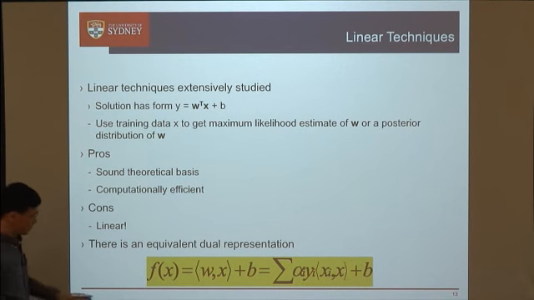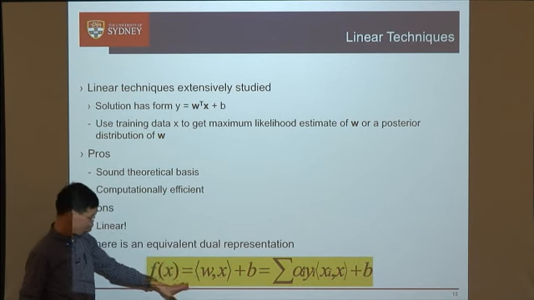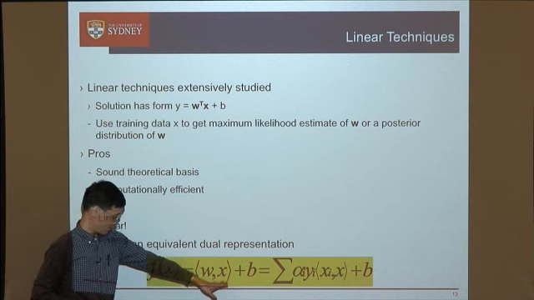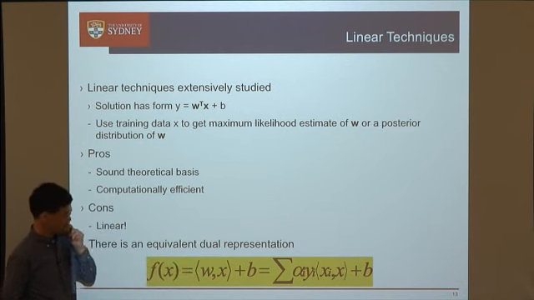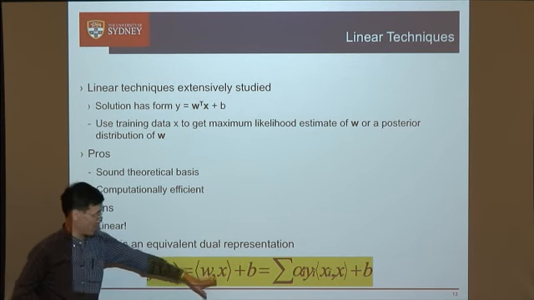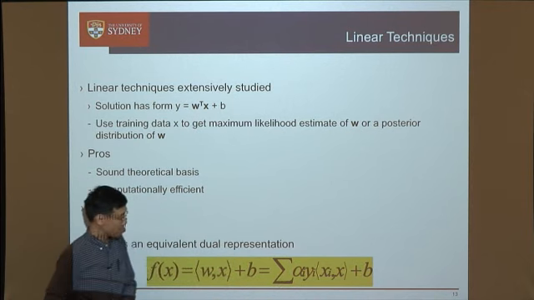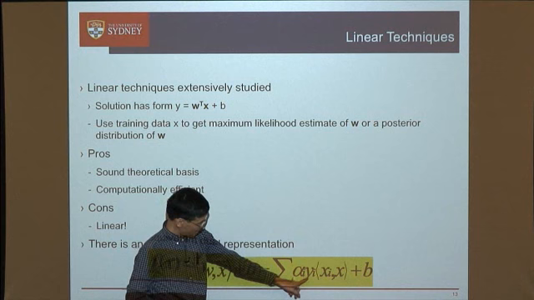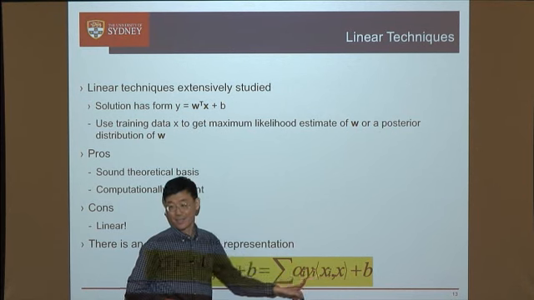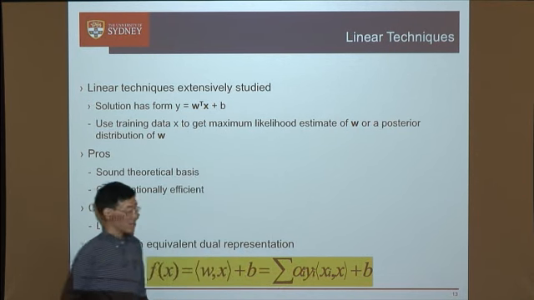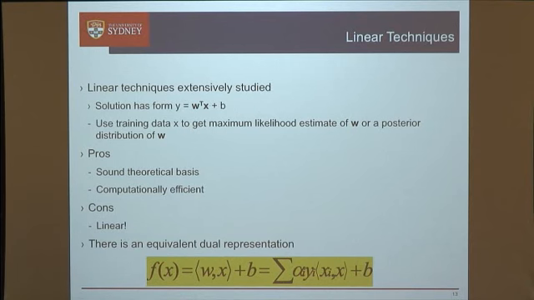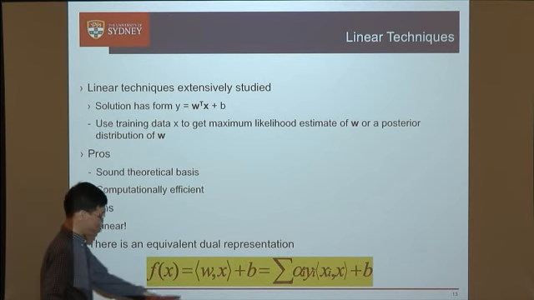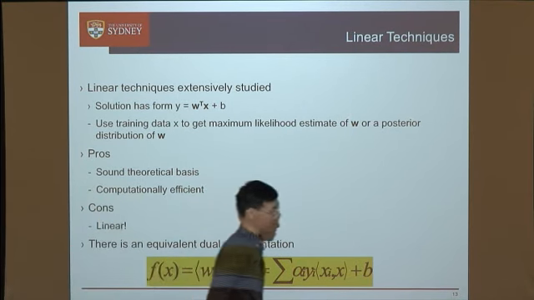While we're used to finding a model like this, we can express exactly the same model as a sum over a subset of the training data. This is called the primal form, and this is called the dual form.